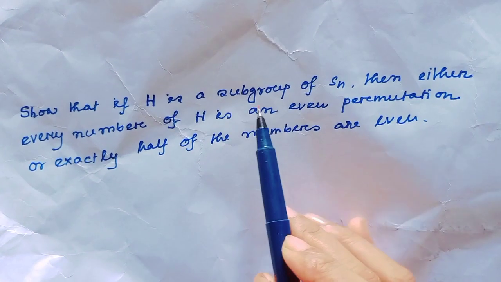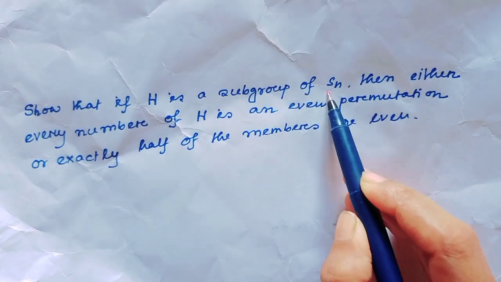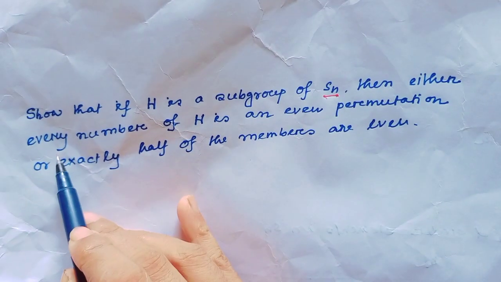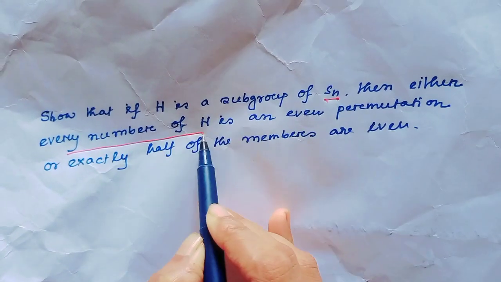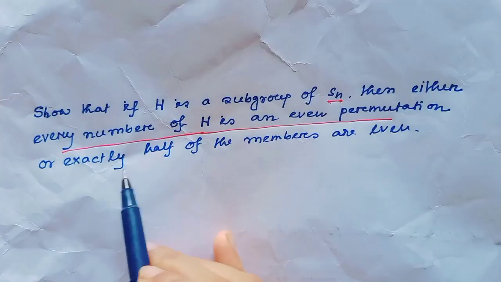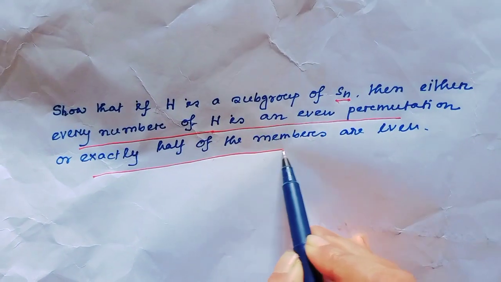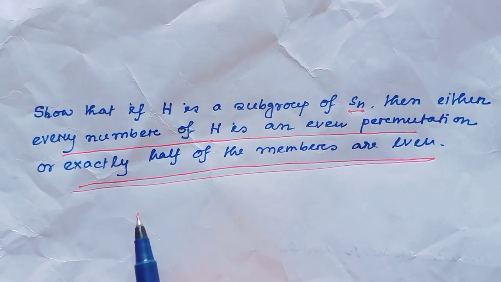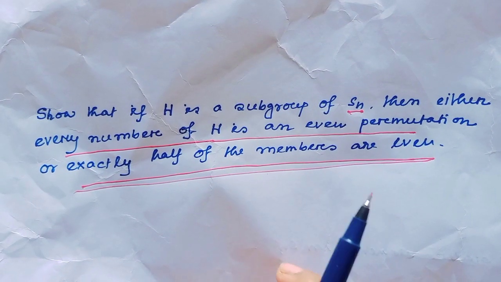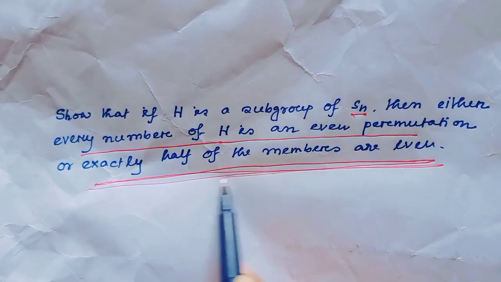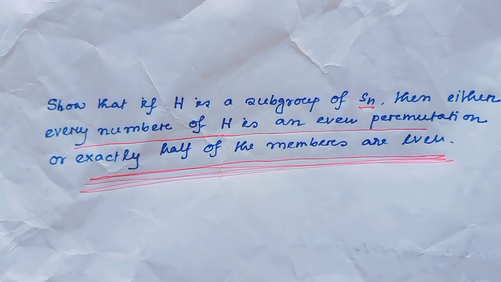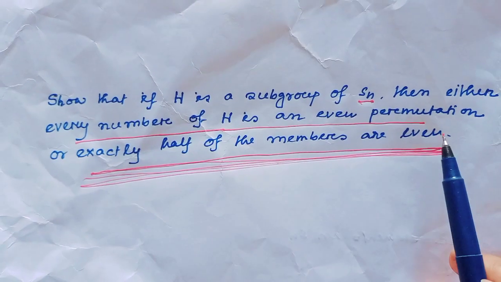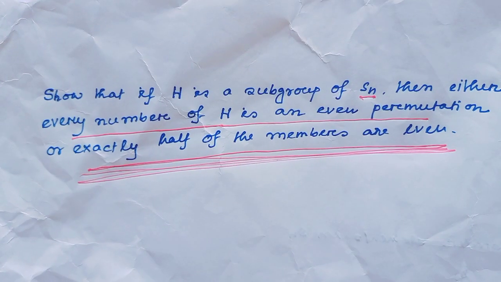Show that if H is a subgroup of S_n, then either every member of H is an even permutation or exactly half of the members are even. This is our proof. That means a subgroup of S_n is either all even permutations or exactly half of its members are even.